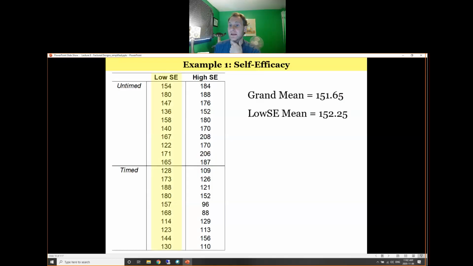First we're going to do the sums of squares for self-efficacy. We need the means for low self-efficacy, which I've highlighted. I'm just ignoring the timed versus untimed. What matters is that all these people are in the low self-efficacy condition, and the mean of that column is 152.25. Likewise, all the people in the high self-efficacy condition are highlighted here, and that mean is 151.05.